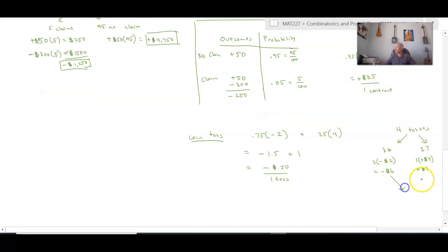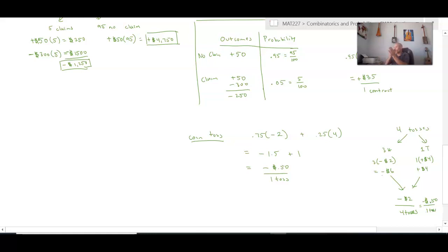In net, that's a loss of $2 across 4 tosses. Well, check this out. $2 divided into 4 pieces is exactly 50 cents. A loss of 50 cents per one toss on average.